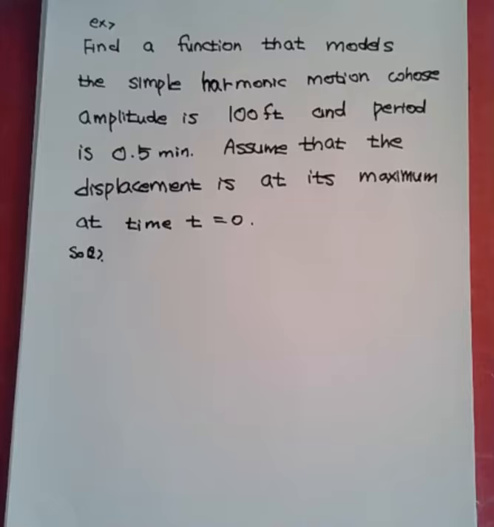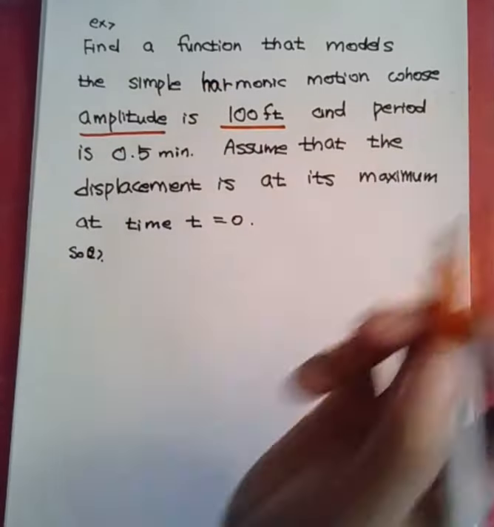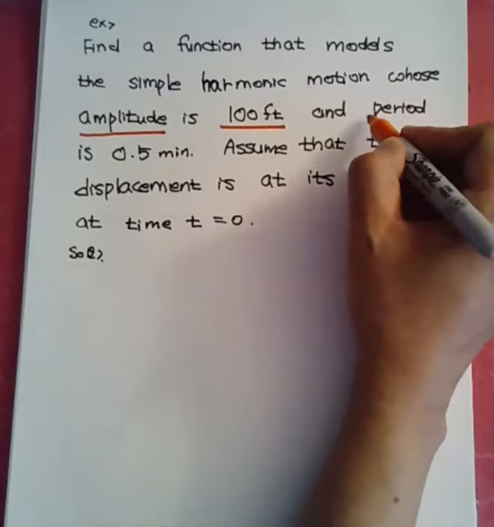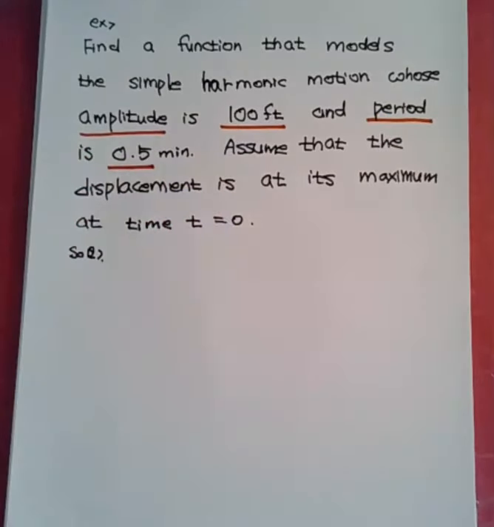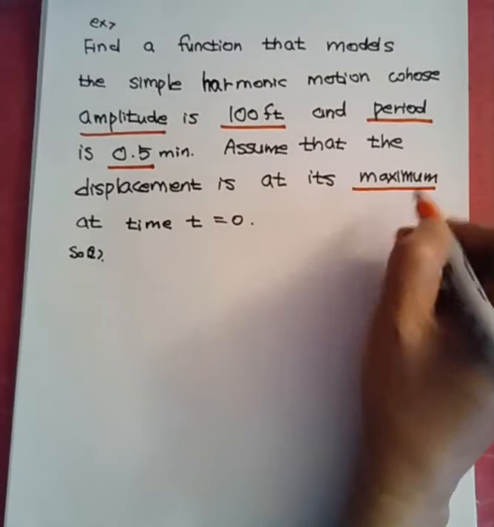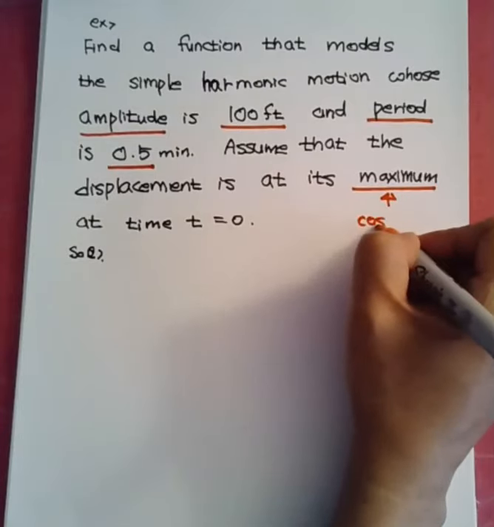This time, what is given in the problem is the amplitude. Amplitude is 100 feet and the period is 0.5 minute and it starts at the maximum, so we can relate that with the cosine function.